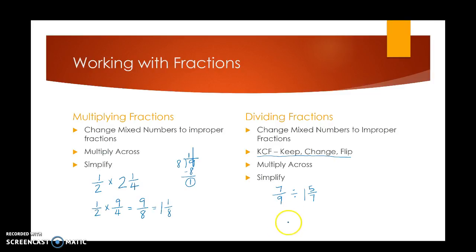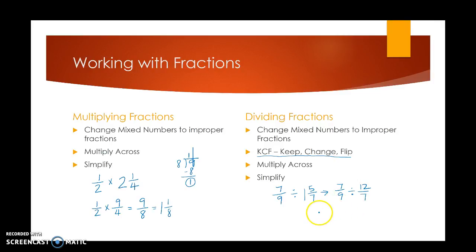First things first, again, we're going to change mixed numbers to improper fractions. So 7 over 9 divided by, and we're always going to write the division again. 1 times 7 is 7. 7 plus 5 is 12 over 7.